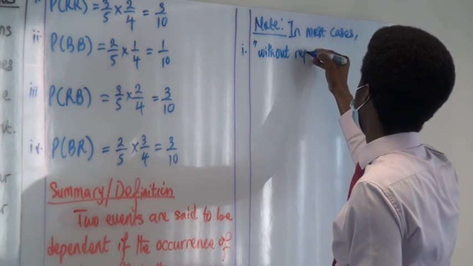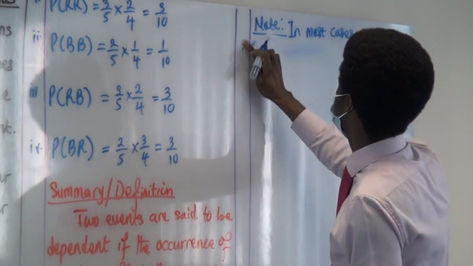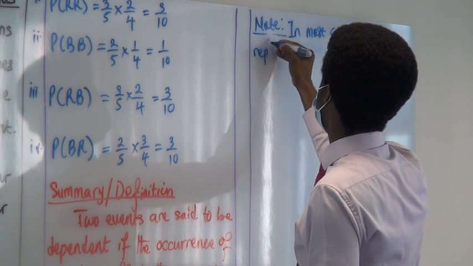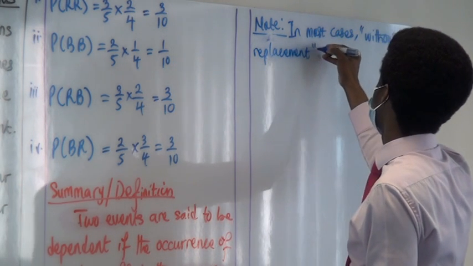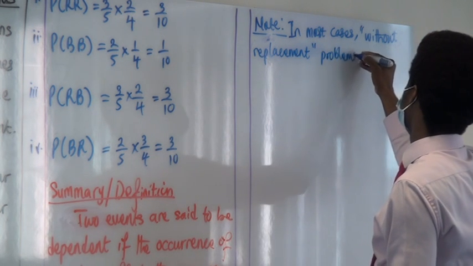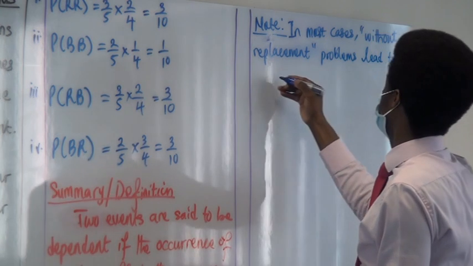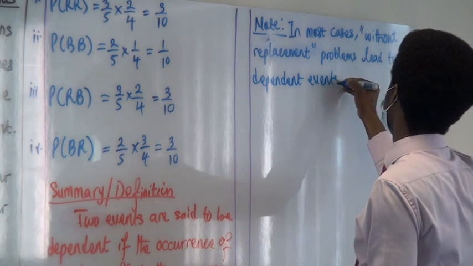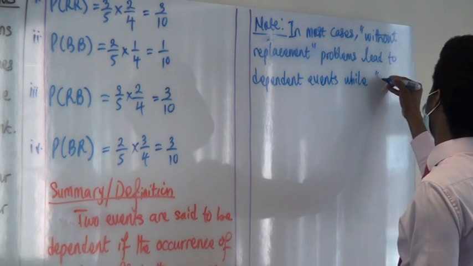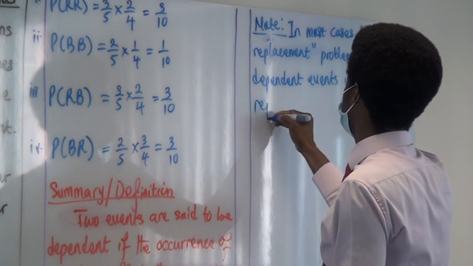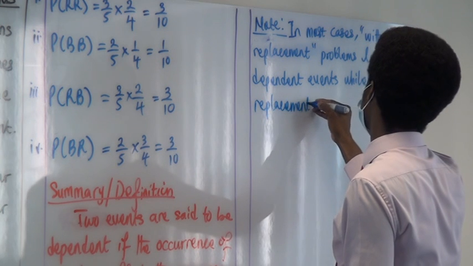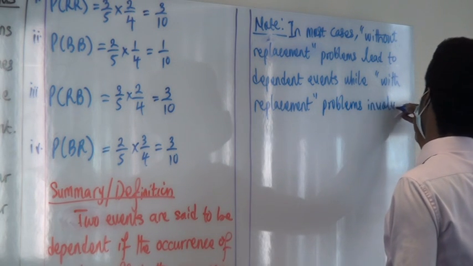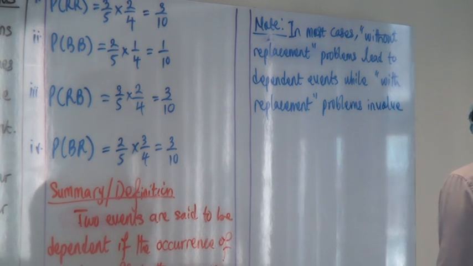In most cases, without replacement problems lead to dependent events, while with replacement problems involve, oh, I think it's the other way, right?